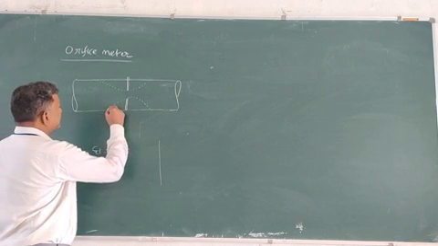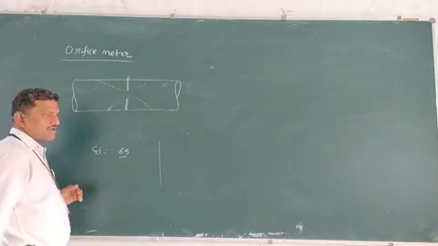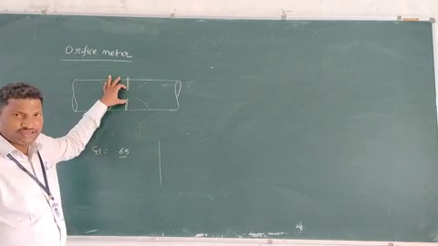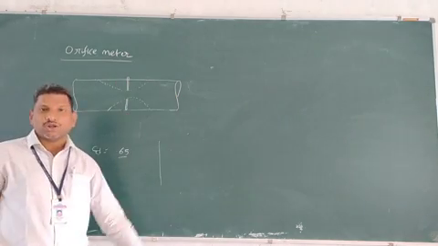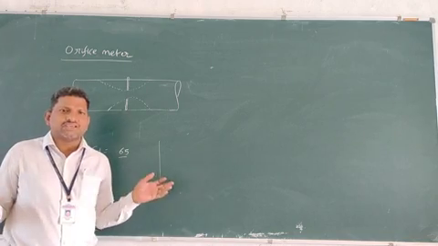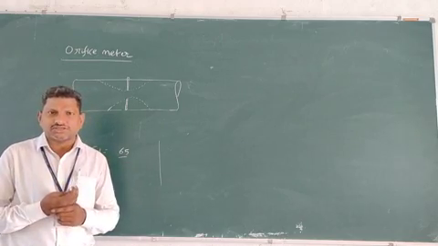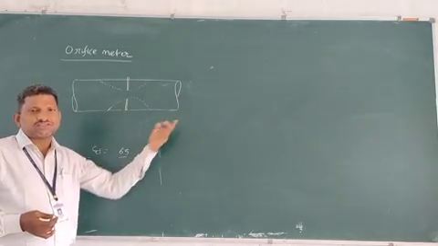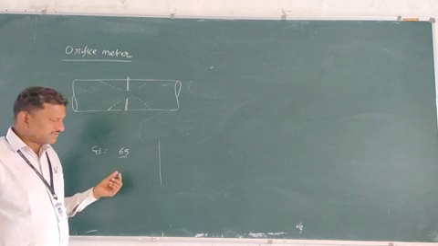There is a sudden contraction taking place, and after this smallest area, a sudden enlargement, sudden expansion. Because of this sudden contraction and sudden expansion, a reduction in the outlet discharge takes place.